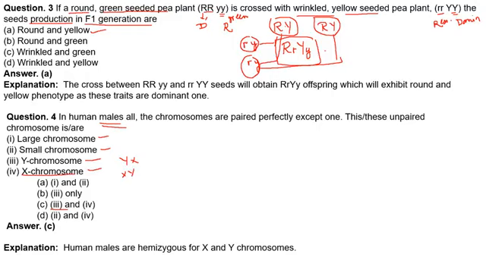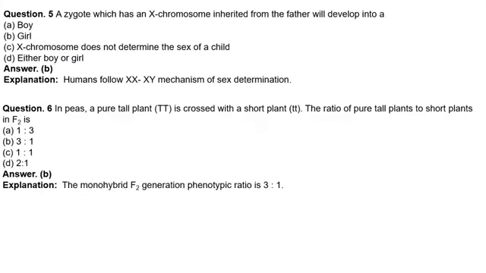Here the explanation: human males are hemizygous for X and Y chromosome. A zygote which has an X chromosome inherited from the father will develop into a girl, because from female we are getting only X and X, from male we are getting X and Y, right? This is the gamete of male and this is the gamete of female.